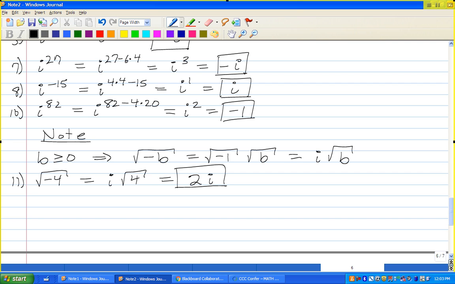Let me do problem number 14. Square root of negative 18. Let me write negative 18 as negative 9 times 2. The square root of negative 9 is 3I, and I have a radical 2 remaining. So 3I rad 2.